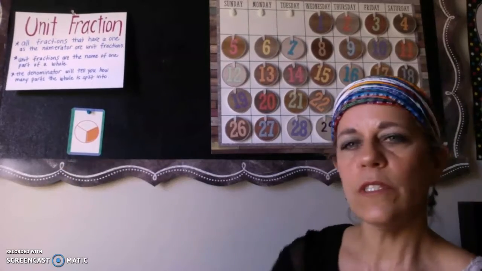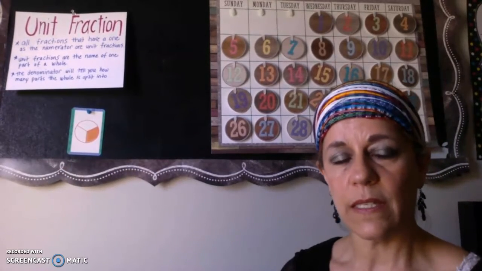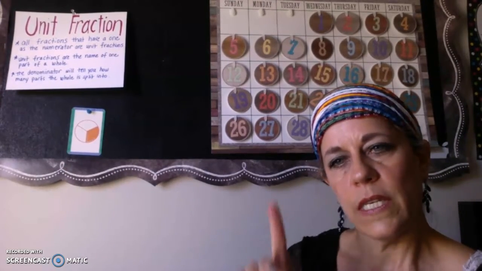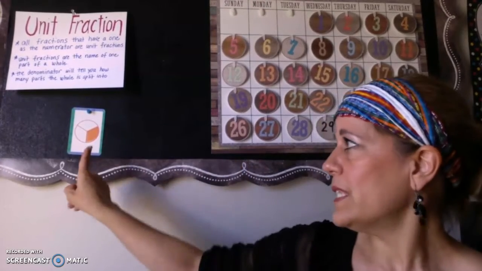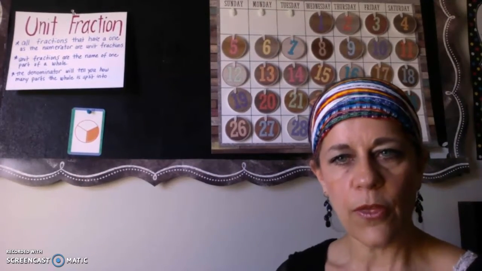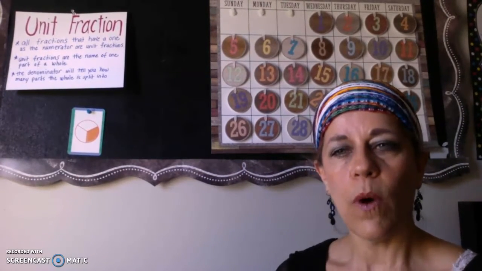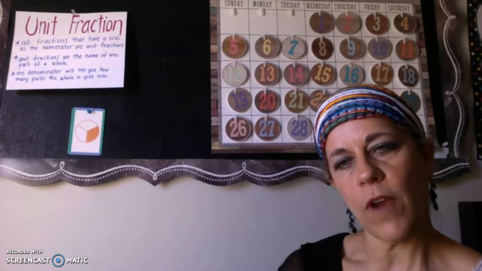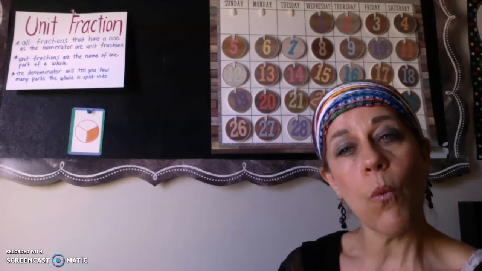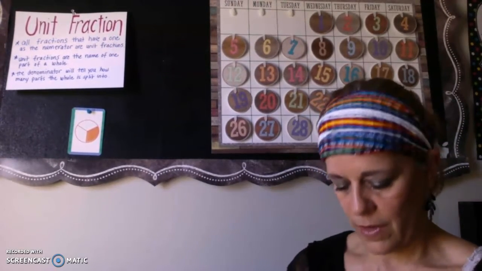Here I have a circle divided into 3 parts. The shaded part is 1, so we would say this is 1/3. 1/3 is a unit fraction because it has a 1 as the numerator.